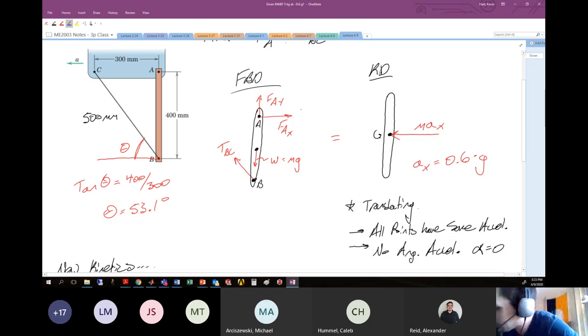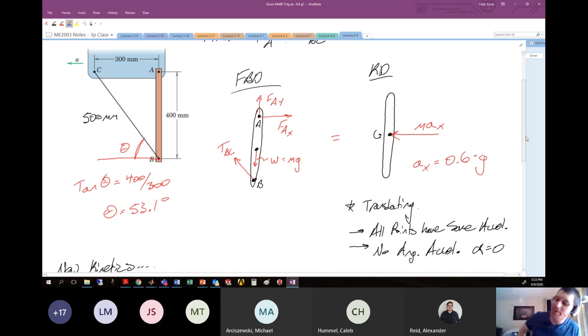The only moments that we'll have about the center of gravity will come from this force here that will have a moment arm of this length, and the contribution in the x direction from this force that will have sort of this moment arm length. All right, so that's how we're going to attack this.